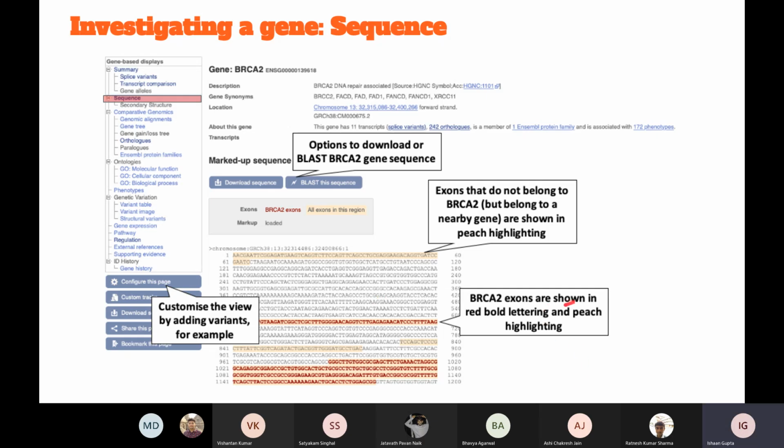Exons are shown in red bold lettering and peach highlighting. Exons that do not belong to BRCA2, so probably belong to some other gene, or the upstream region of the gene, are not part of BRCA2, so remember that. Exons which are alternatively spliced also are not red, which basically means that these are exons which can be alternatively included inside the transcript.